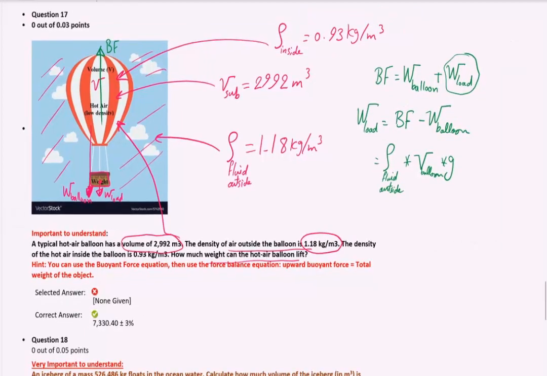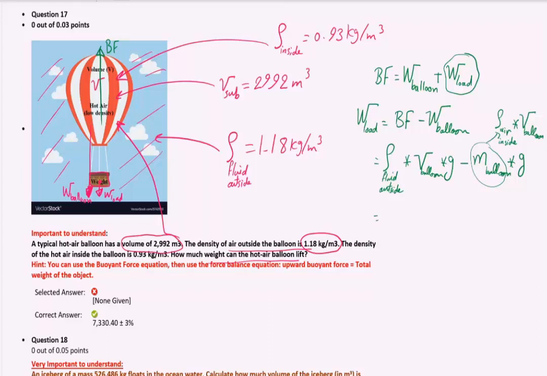So this is the buoyant force, minus the weight of the balloon, which is the mass of the balloon times gravity. I don't know the mass of the balloon, but I can say the mass of the balloon equals the density of the air inside the balloon times the volume of the balloon. So the mass equals rho times V.